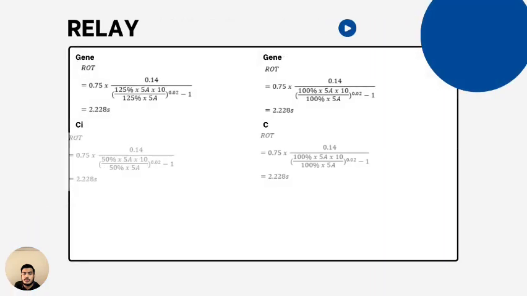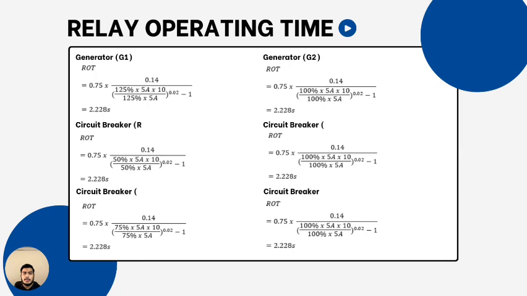Next we can see our relay operating time. For generator 1, we insert the TMS and PMS into the standard inverse formula to find our relay operating time.